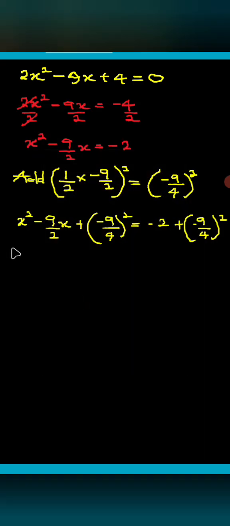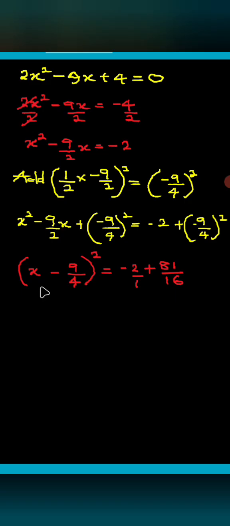Now, how do we deal with this side? Just like we did the other time, we open a bracket, then we put the x at this side. Then what is in this bracket here? 9 over 4. Then because that is negative, we just put minus here, and put square here. That's all. So this equals minus 2 plus minus 9 squared, which will apparently give us 81 over 16. So we'll look for the LCM at this side too.